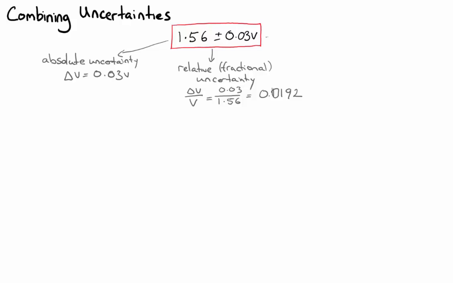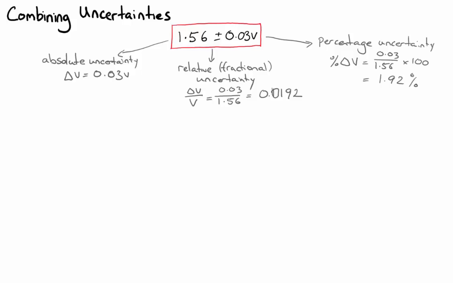And finally, we have something called the percentage uncertainty, which is, of course, just that uncertainty expressed as a percentage of the total. Notice I don't round these fractional and percentage uncertainties. I can save my rounding of uncertainties until after I've combined them at the end of my working.